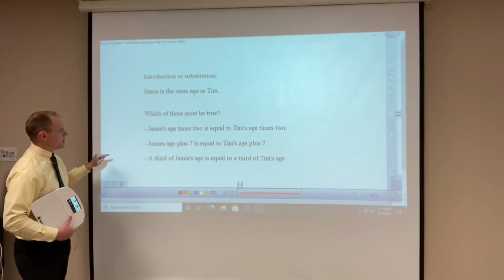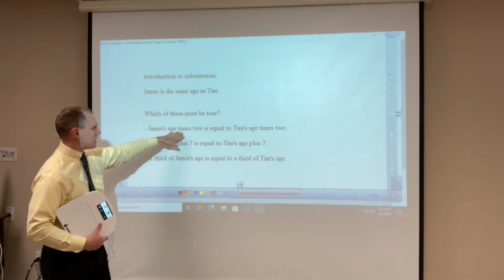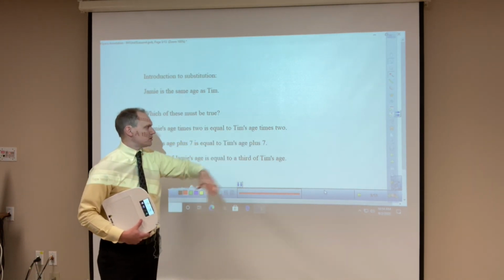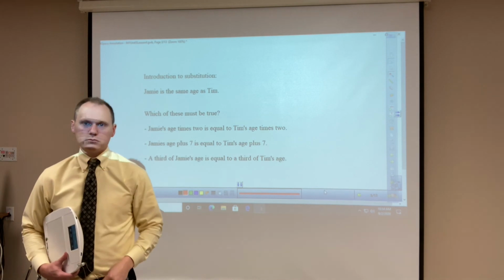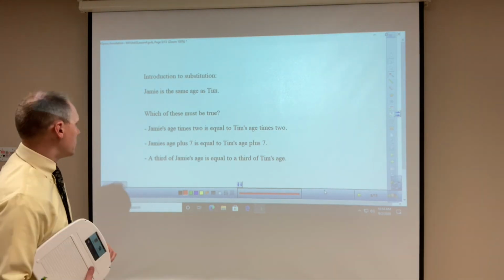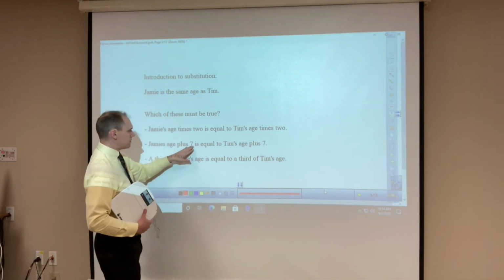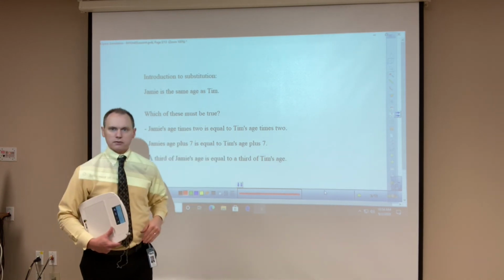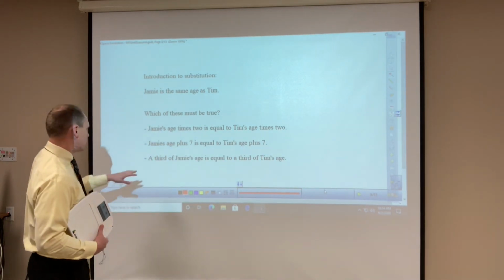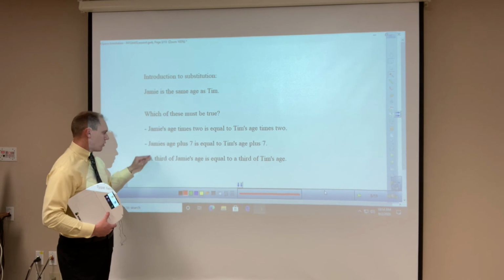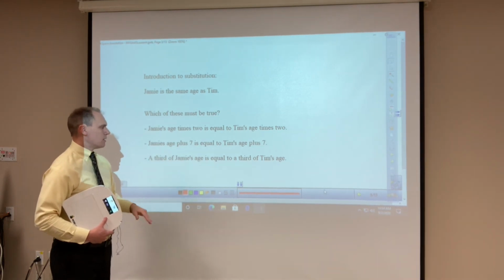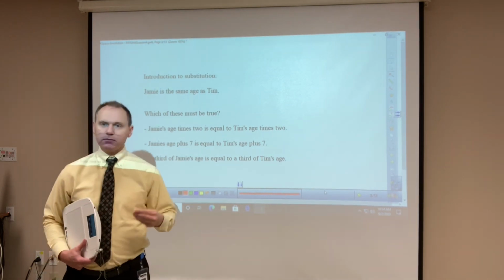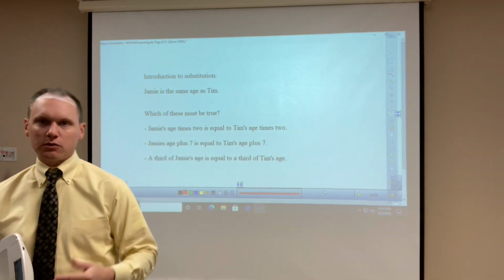If Jamie's the same age as Tim, would Jamie's age times 2 be equal to Tim's age times 2? Would Jamie's age plus 7 be equal to Tim's age plus 7? Would 1/3 of Jamie's age be equal to a third of Tim's age? So take a second, what do you think?